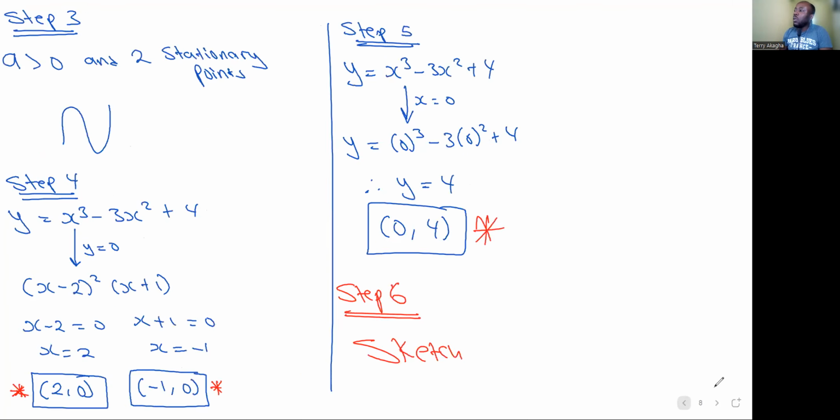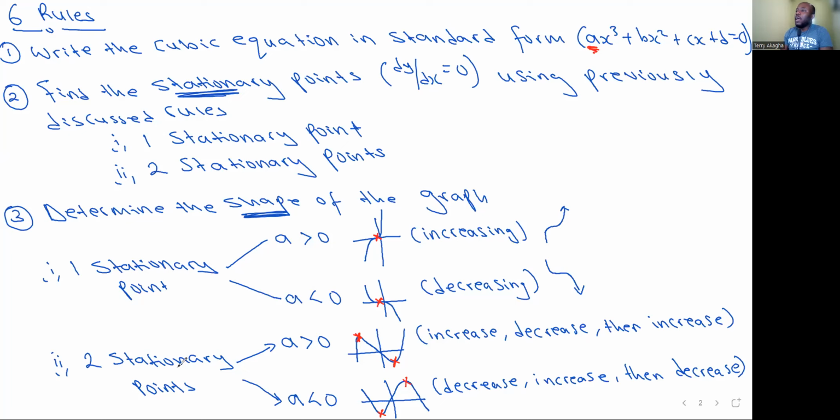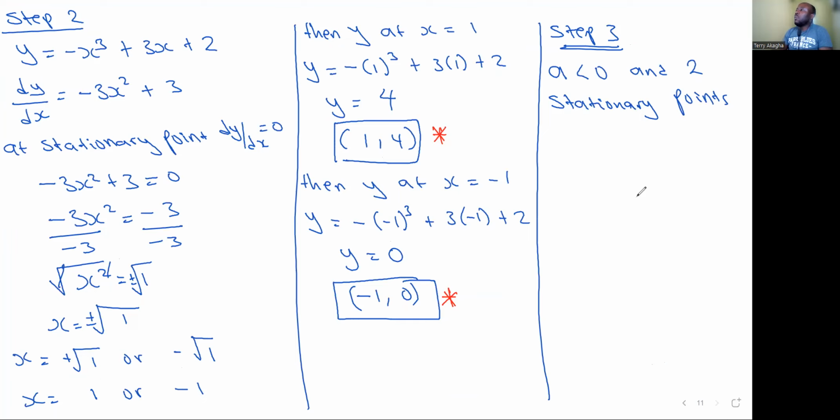So let's go back and see. In this example, a is less than 0 with 2 stationary points, so we expect a decreasing, increasing, decreasing graph. So we should be expecting the graph to look like this. When we're done solving, we need to have the graph look like that.